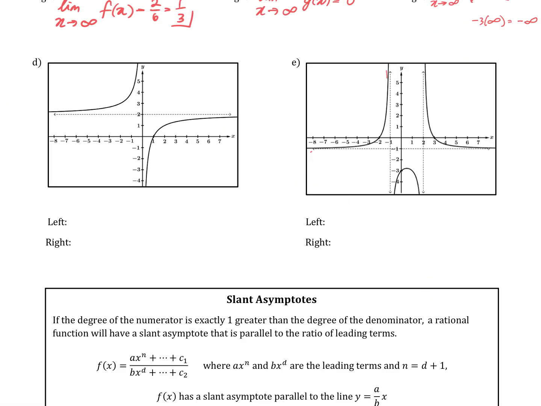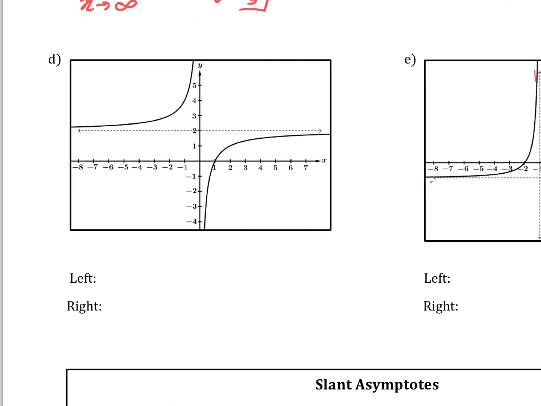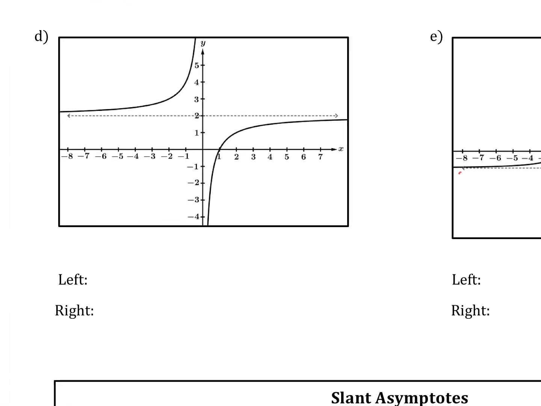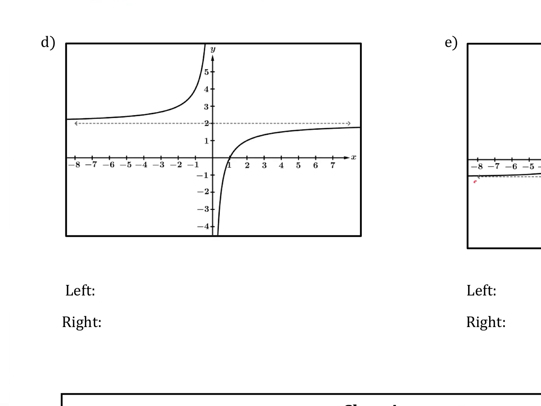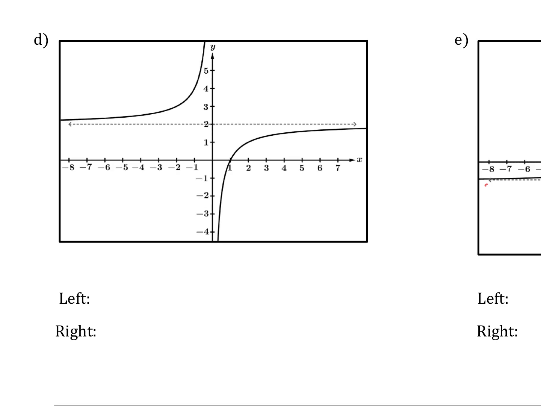If you're given a graph and they ask you to state the limit statements, you can still do that for as long as everything is provided in there. Now, in this case, we are provided with the horizontal asymptote. What is our horizontal asymptote here? Horizontal asymptote is y is equal to 2.